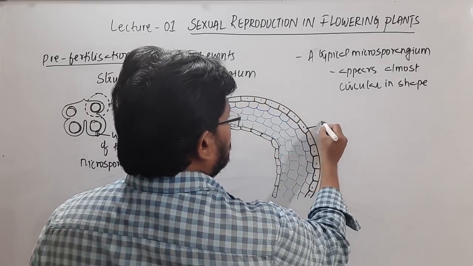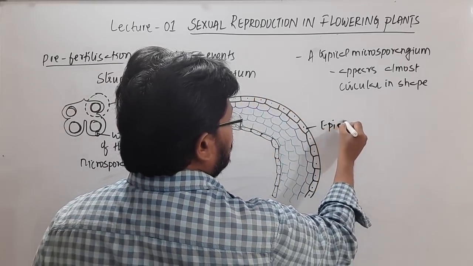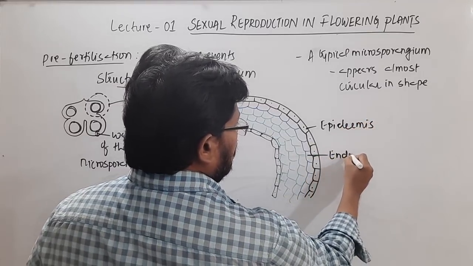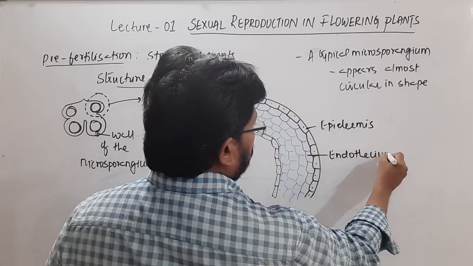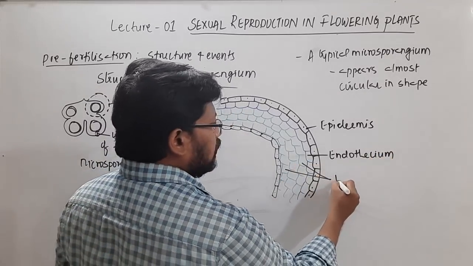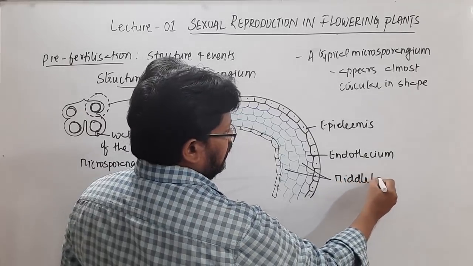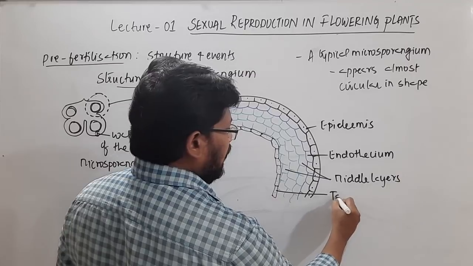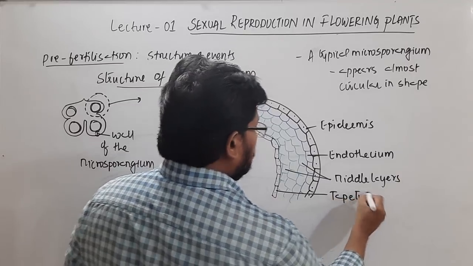So this is the outermost layer, epidermis, below that the endothecium, these are the middle layers, and this one is the innermost layer, the tapetum.